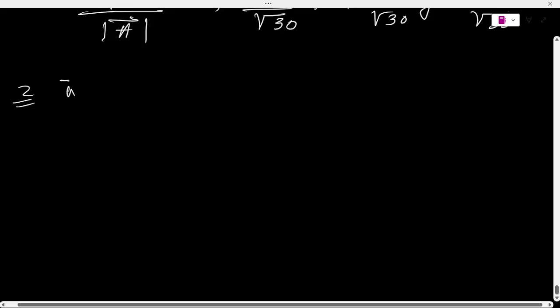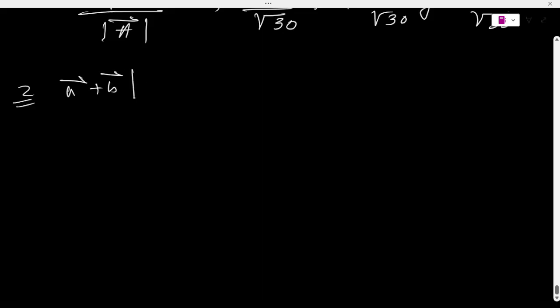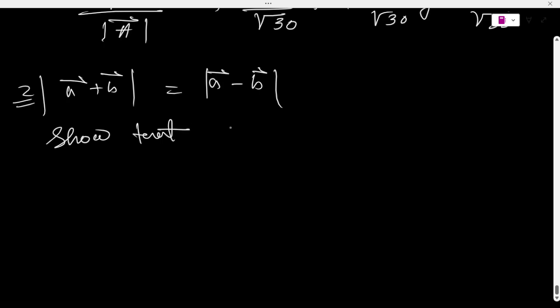Second question, it is very basic. It is given that the modulus of a vector plus b vector is equal to the modulus of a vector minus b vector. Both are vectors, so we have to show that a vector is perpendicular to b vector.